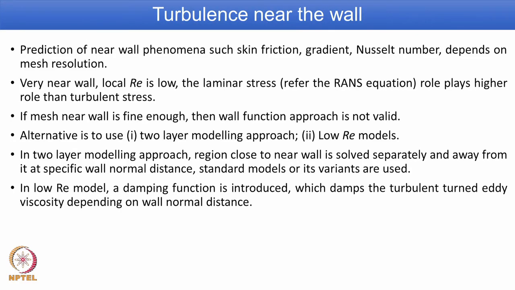If you are very near the wall and the local RE is very low, then a damping function is introduced which damps the turbulent viscosity depending on wall normal distance.